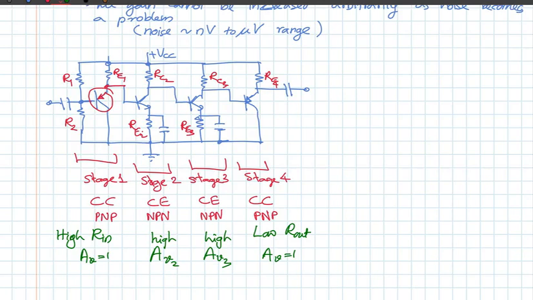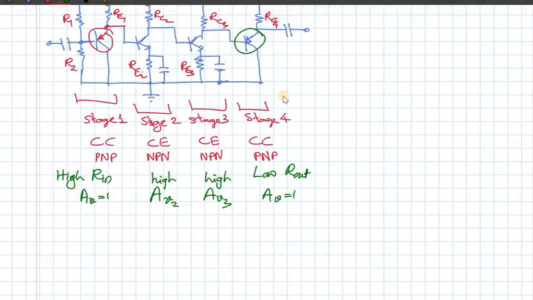Alright, so why do we use these PNP transistors in this circuit in addition to the NPN transistors? Now, this is an important design feature. By using NPN and PNP transistors both in the same circuit, we can reduce the effects of temperature. We basically compensate for temperature effects.